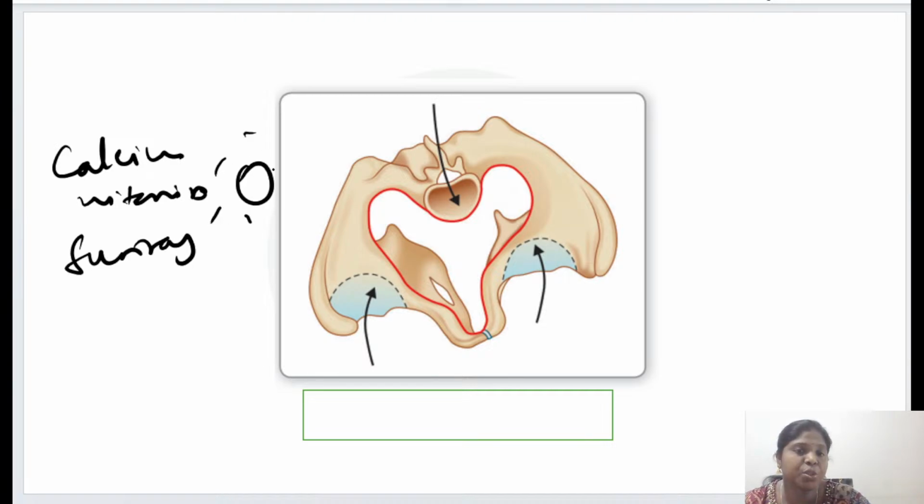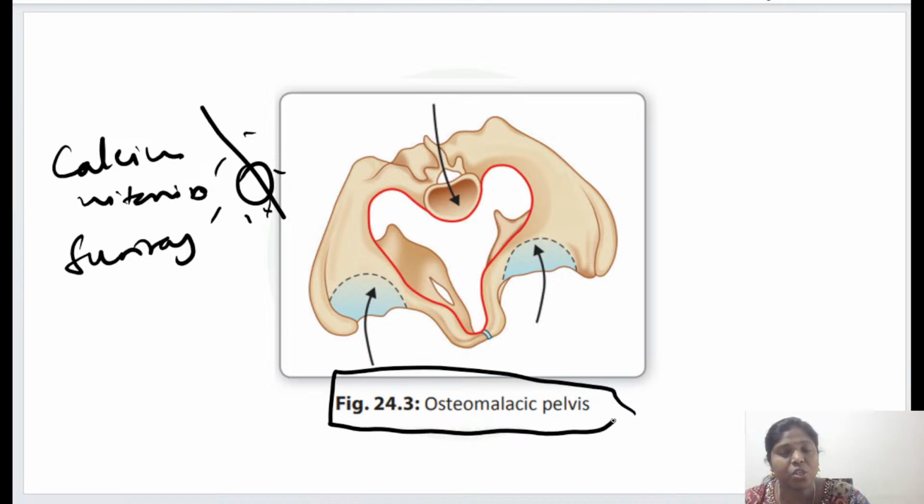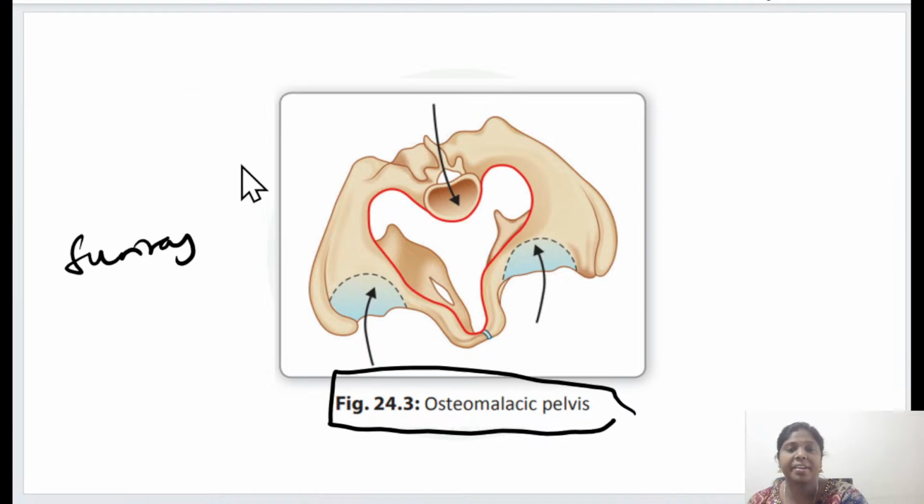It usually affects women after they have reached maturity, and the pelvic bone shape looks like this. So this is called the osteomalacic pelvis. Osteomalacia is also softening of the bones. The same thing we can find here.